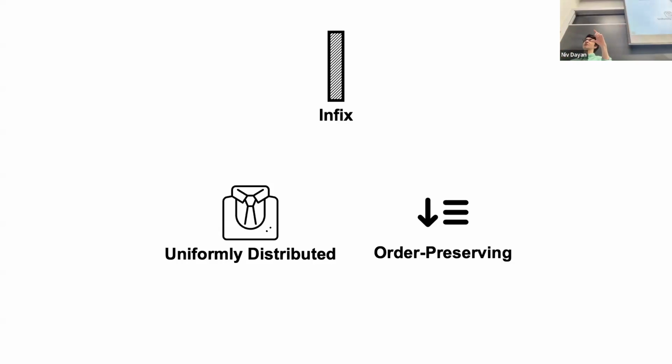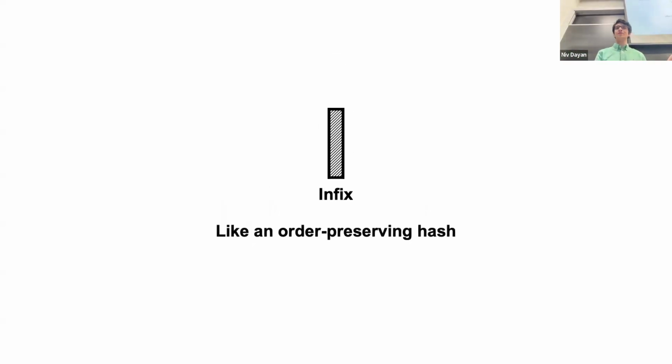If you have two infixes, A and B, such that infix A is smaller than infix B, that means that key A, which infix A came from, had to also be smaller than key B. So putting these two together, in some sense, the infix is behaving like an order preserving hash. Does that part make sense?